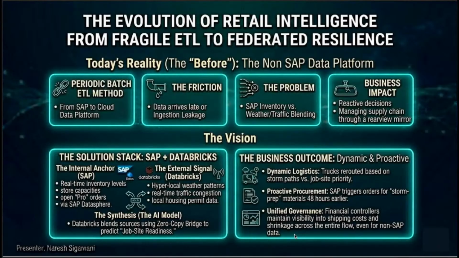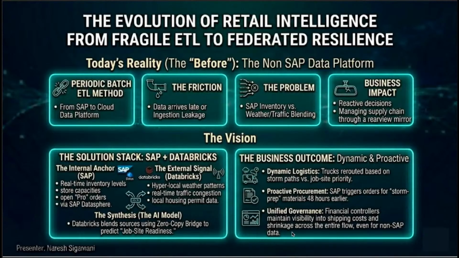We create federated resilience. We take the internal anchor, real-time inventory from SAP DataSphere, and blend it instantly with the external signal in Databricks. What does it mean to the business? First, dynamic logistics. Trucks are routed based on storm paths versus job site priority, not just a fixed schedule.